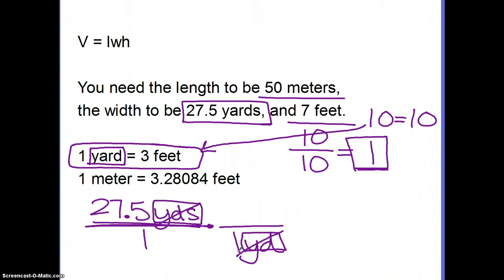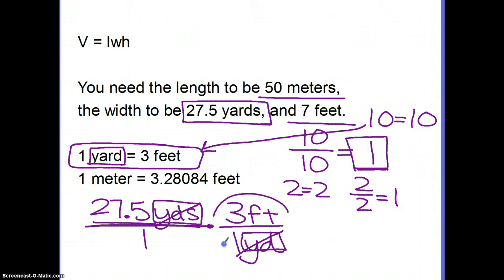And I know 1 yard is equal to 3 feet, just like if I say 2 is equal to 2, then 2 over 2 is 1. So again, what we're really doing is multiplying by the number 1.